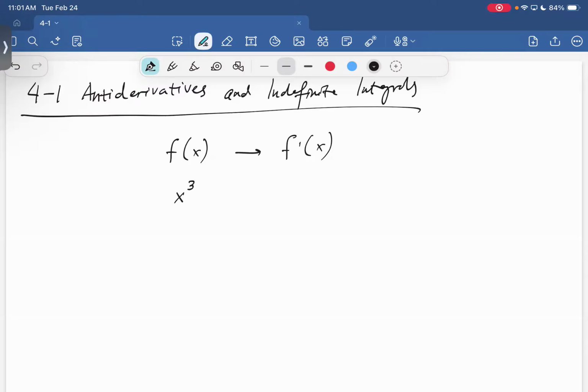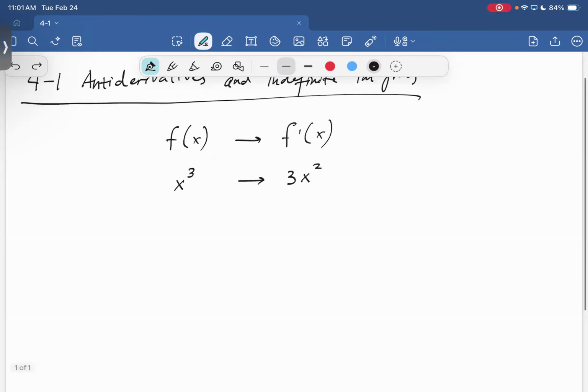What is the derivative of x cubed? 3x squared. Very good. So the process of doing an antiderivative is asking how do we go from 3x squared to x cubed?